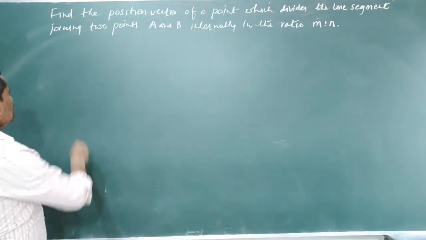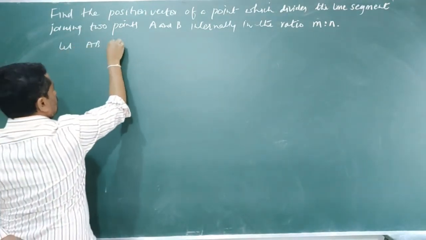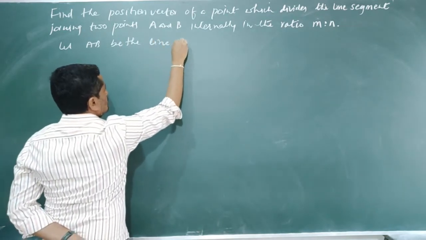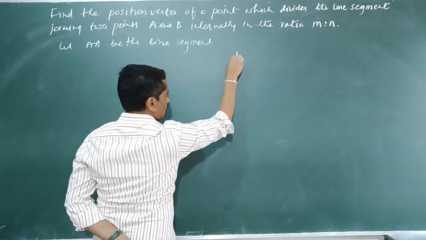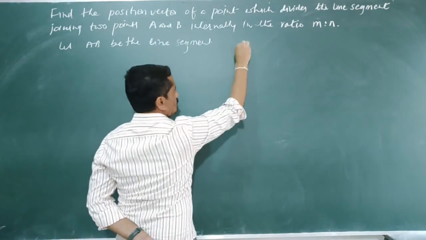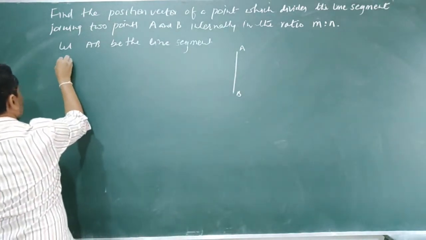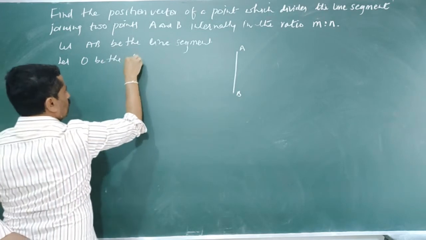Here let AB be the line segment. So that is A, B. Let O be the fixed point.